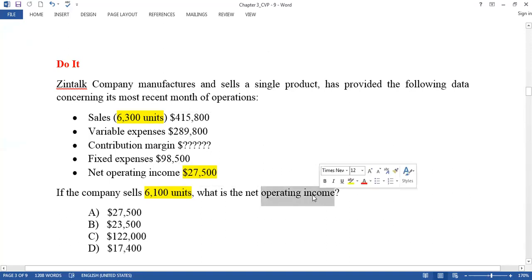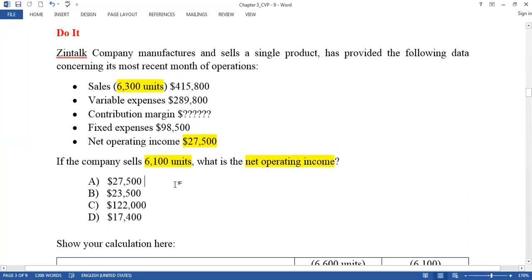What is your income? Do you understand the question? Currently you are earning 27,500 if you sell 6,300 units. Now you are going to sell something less. If you sell 6,100 units, what is your profit now?